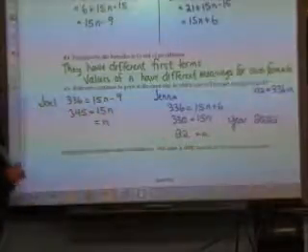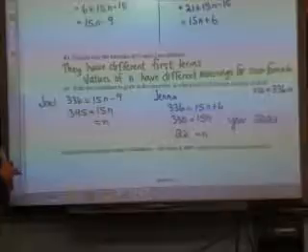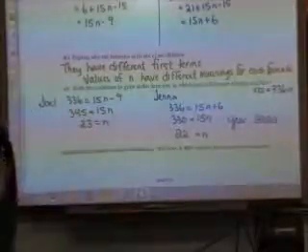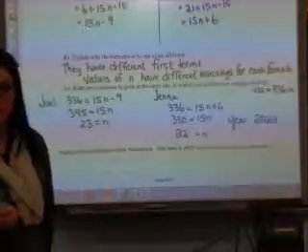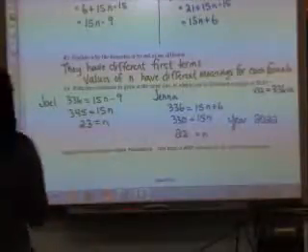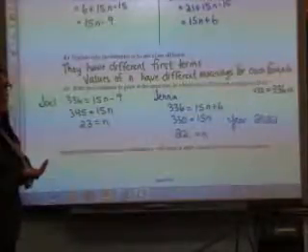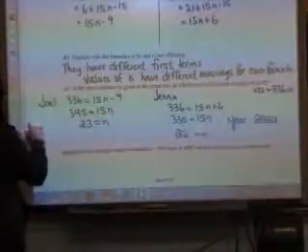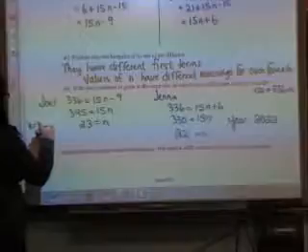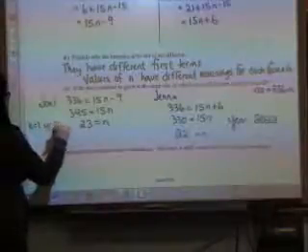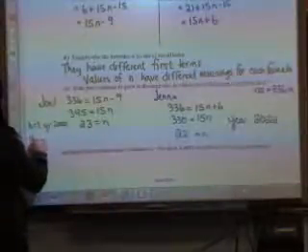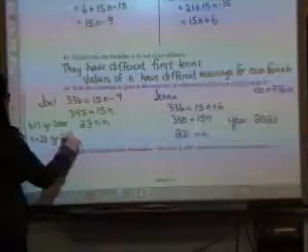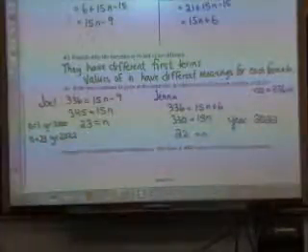And what do I get? 23. So what do I need to remember to do if I have Joel's? Not add 1. I have to take 1 away, because for Joel, n equals 1 in the year 2000. So if n equals 23, it would have to be the year 2022.